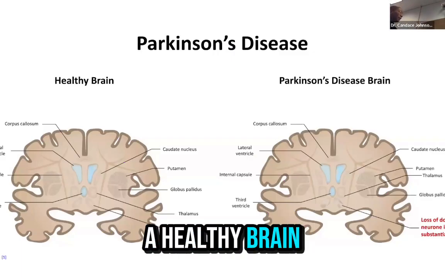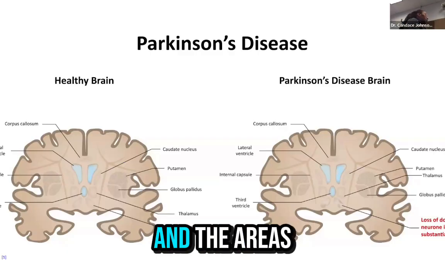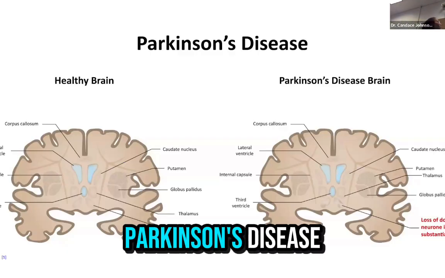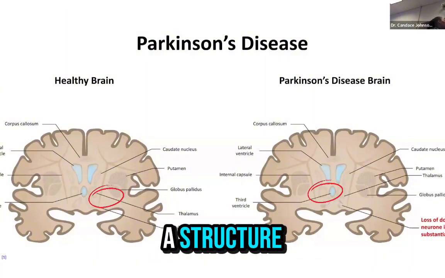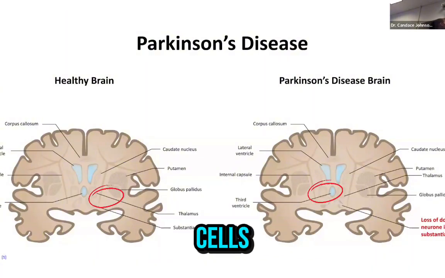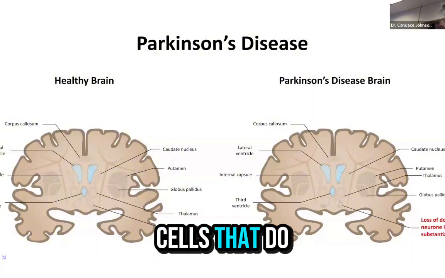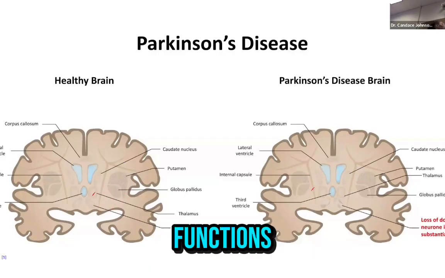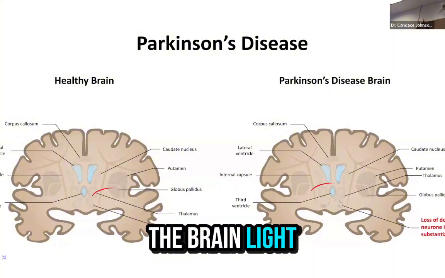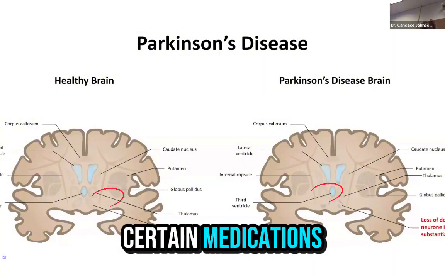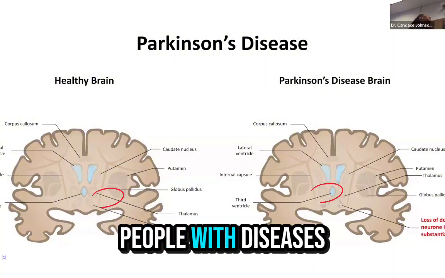So here's a healthy brain, and the area of interest for Parkinson's disease would be the substantia nigra. Again, it's not a structure, it's more like a ganglion of cells, a grouping of cells that do very important, critical functions. I guess they learned this kind of thing over time doing PET scans, where they would see which areas of the brain light up when they give certain medications or in certain people with diseases.